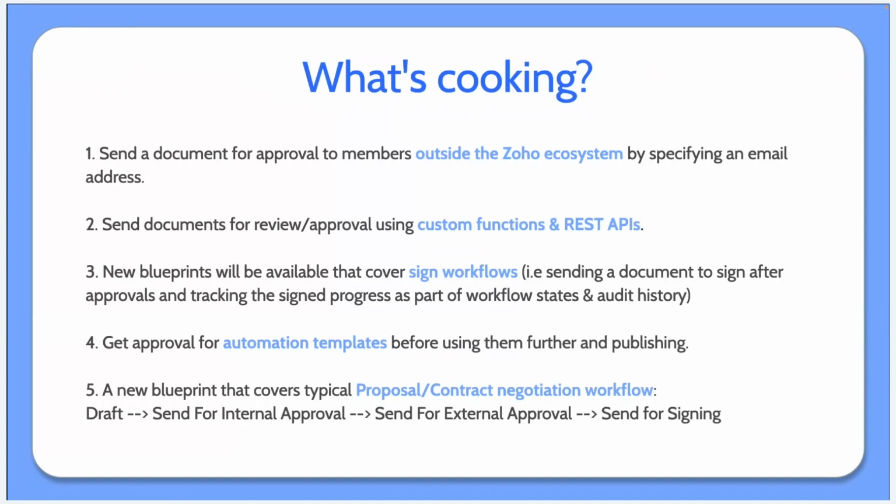That is sending out a review or approval to someone who's not part of your Zoho team or who does not have a Zoho account. And the next one, with custom functions and REST APIs, you can automate the process of sending documents for review or approval. For example, you can set up a custom function that automatically sends a document for approval to specific team members based on the document's need.